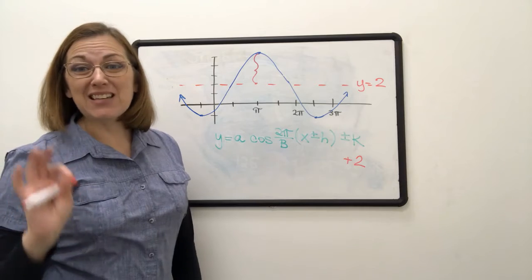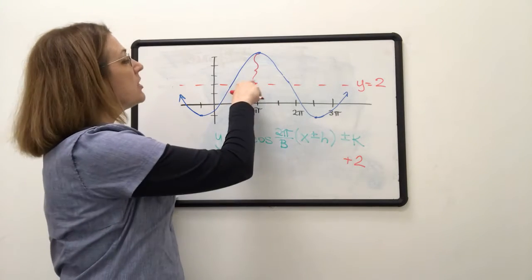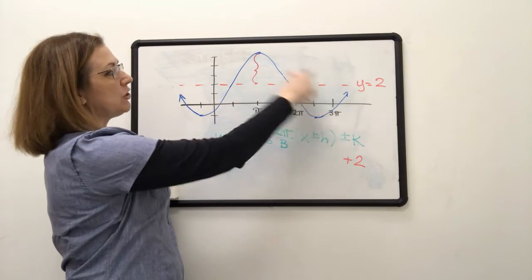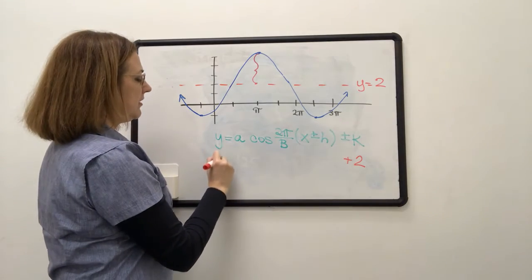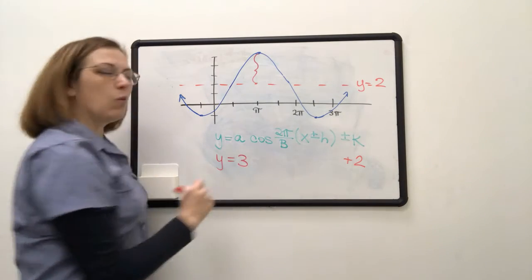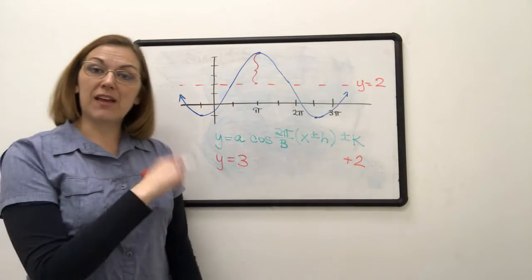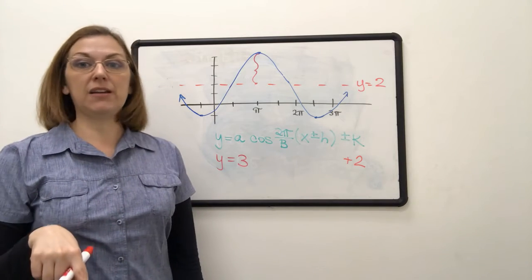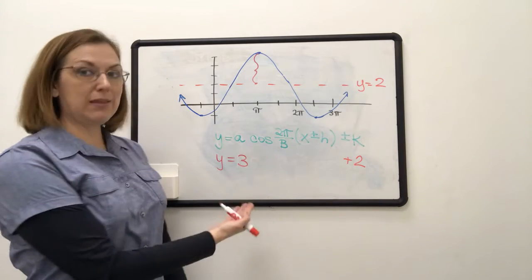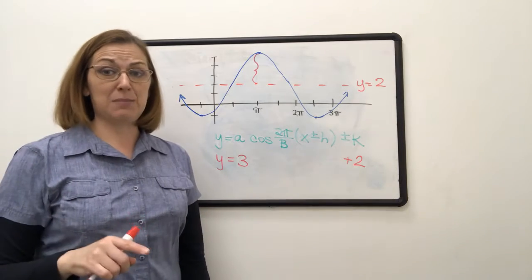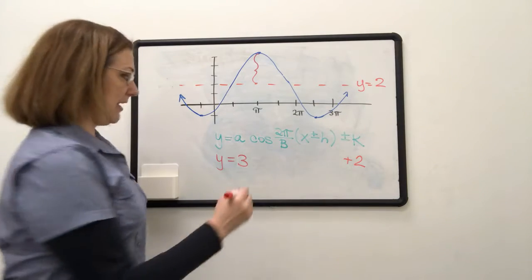That should be the same value. So if you go from your midline to your high value of 5, then you know your amplitude is 3. We'll decide later on if that should be a +3 or a -3. But since I know the amplitude has to be positive, I'm just going to put the 3 there, and I'll evaluate if it needs to be positive or negative in a minute.